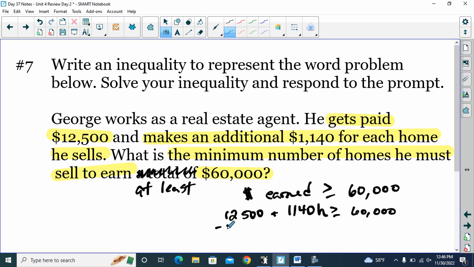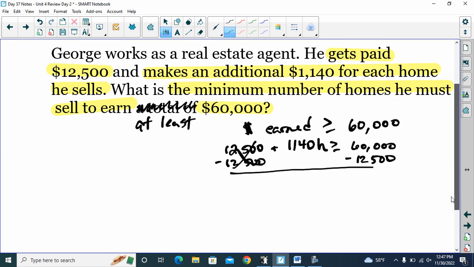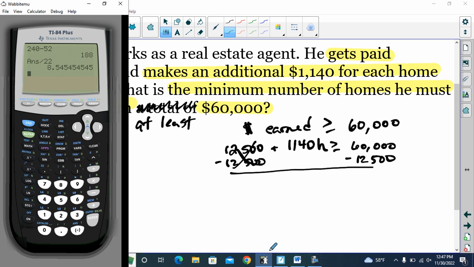And solve for H. Subtract 12,500. So we have 60,000 minus 12,500. I get 1140H is greater than or equal to 47,500. And then divide both sides by 1,140.